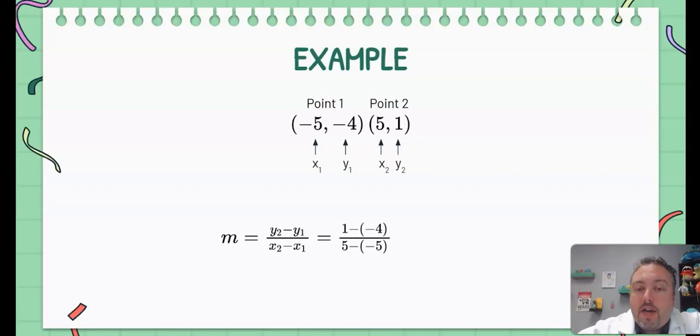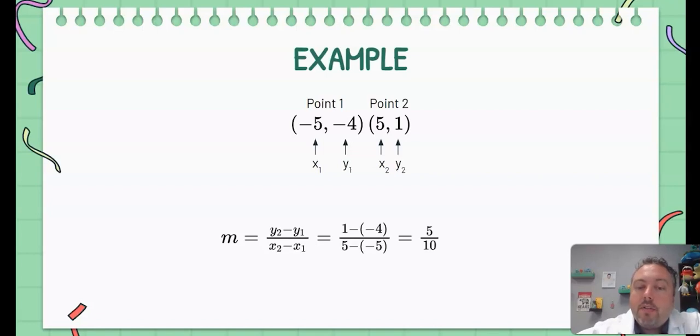Now that I've labeled, I know I have my points in the correct order. 1 is y2, -4 is y1. Now, I put parentheses around the negative so that I don't confuse the subtraction with the negative. I have to subtract a -4. And then in the denominator, 5 minus -5, I have to subtract that -5.